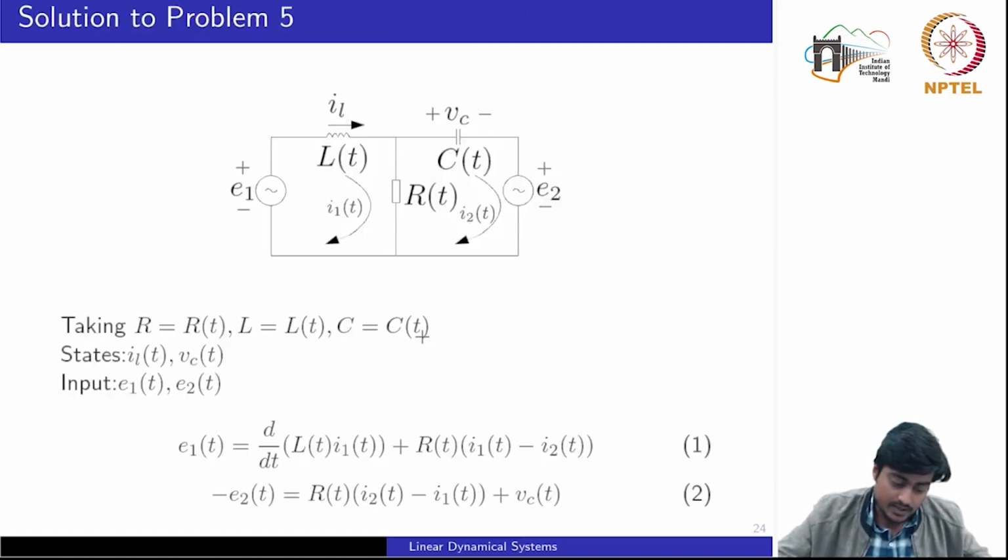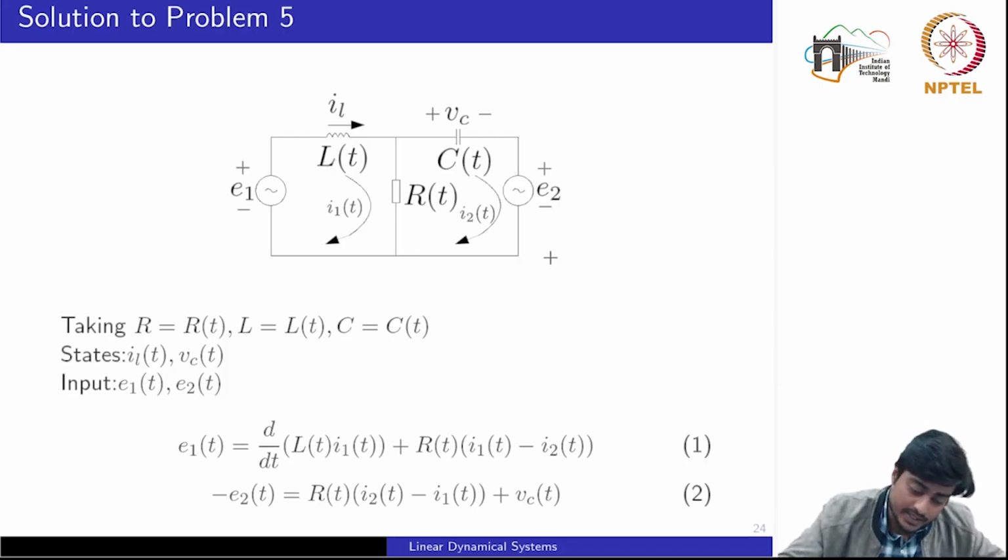The idea remains the same: we have two loops, and just one point to note. Once we write the equation of the first loop, since L was a constant parameter in problem 1, we directly represented the voltage across the inductor as L di1 by dt.